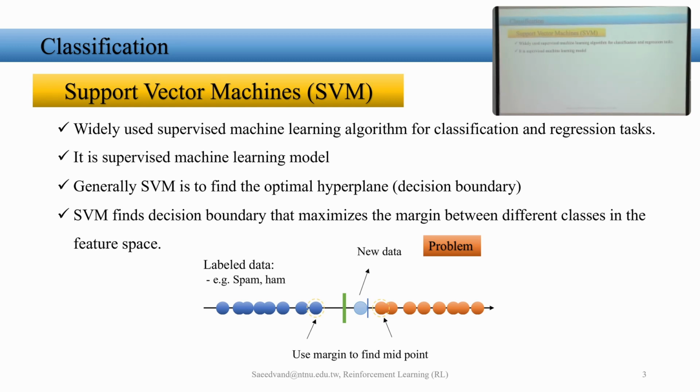So it is supervised learning, as I mentioned, and generally with SVM, we want to find an optimal hyperplane. I will explain what the hyperplane is soon in a separate slide, but if you want to understand it briefly, it is the decision boundary. So what is the main objective with SVM?